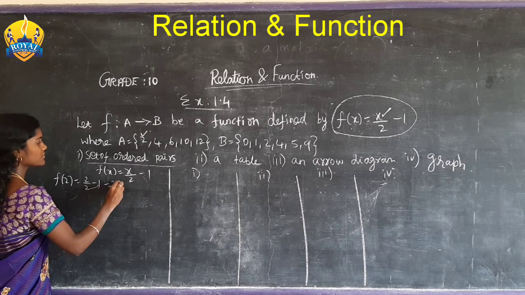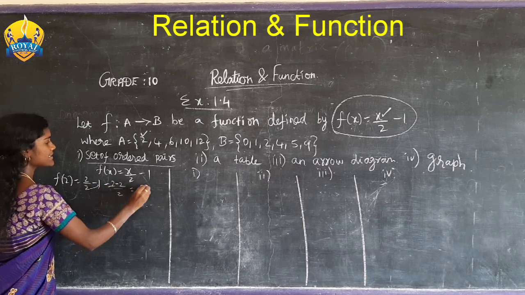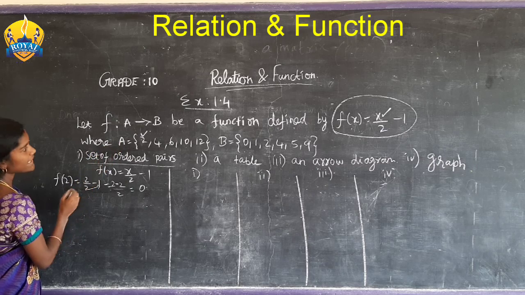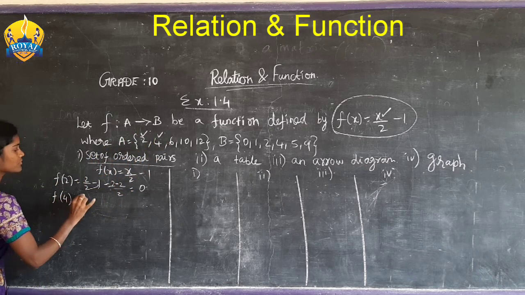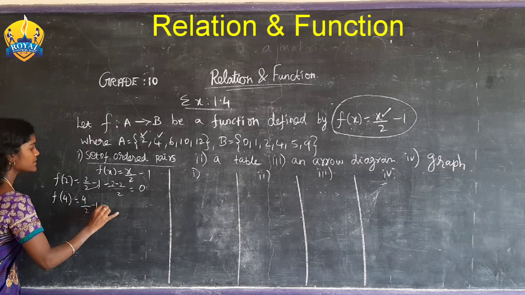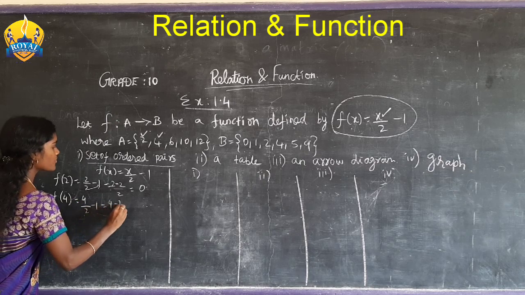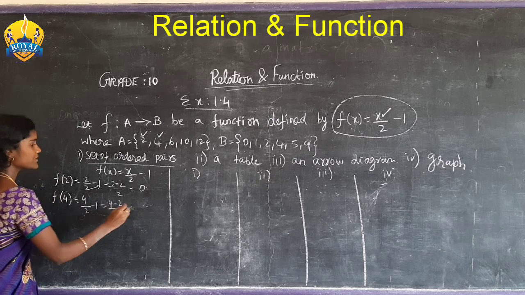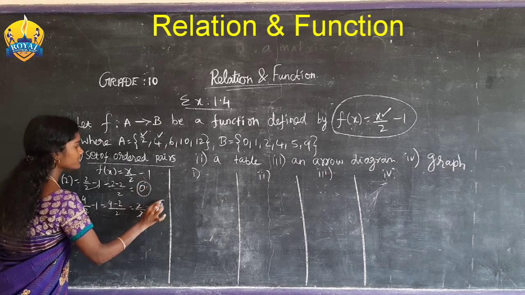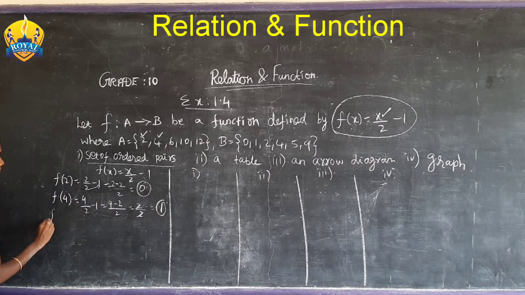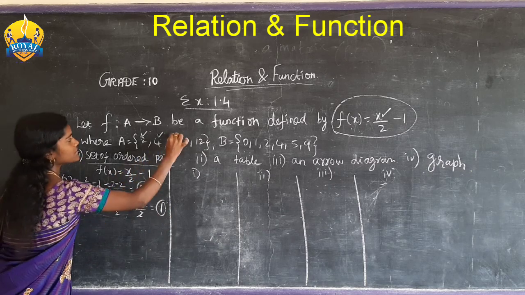2 minus 2 divided by 2, that is 0. Then substitute 4. 4 by 2 minus 1, that is 4 minus 2 divided by 2, that is 2 by 2, that is 1. Then f of 6.